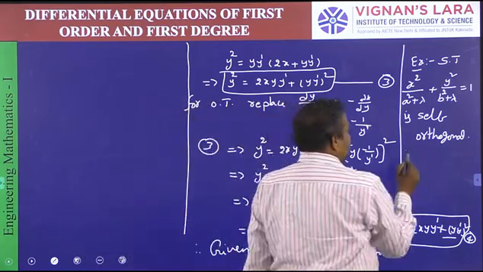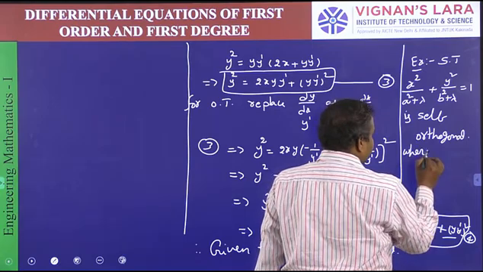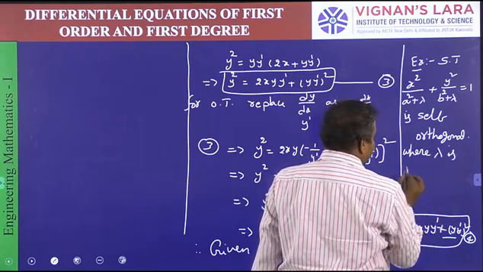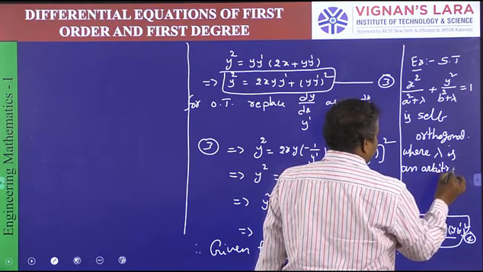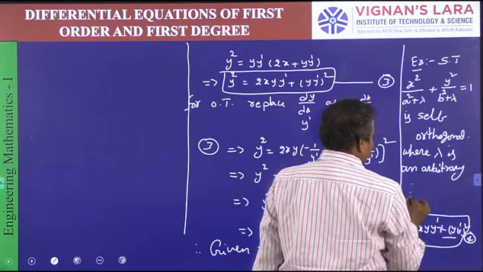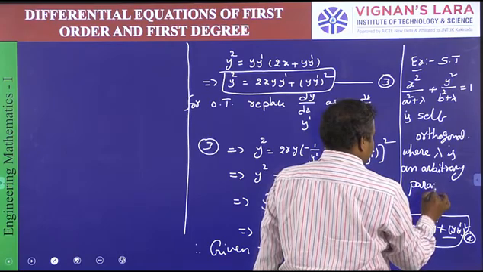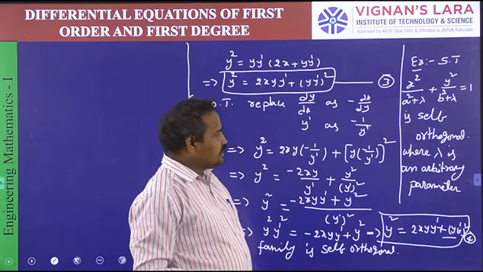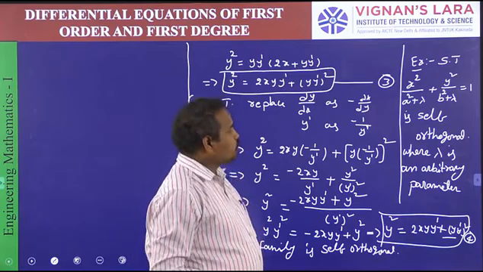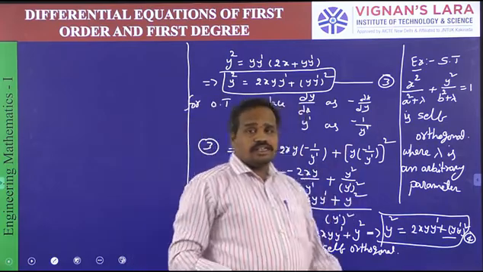And in this problem, lambda is an arbitrary parameter. So from this equation we have to eliminate lambda.